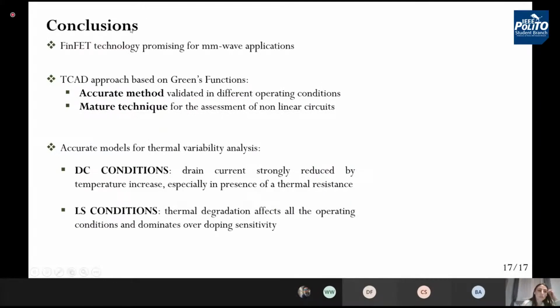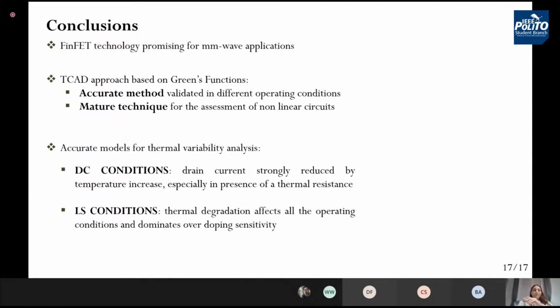So to conclude, we can say that FinFET technology is promising for millimeter wave applications, and that our TCAD approach based on Green's functions is not only accurate but also a mature technique for the assessment of nonlinear circuits.